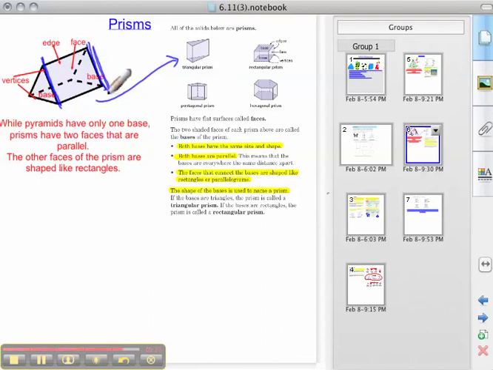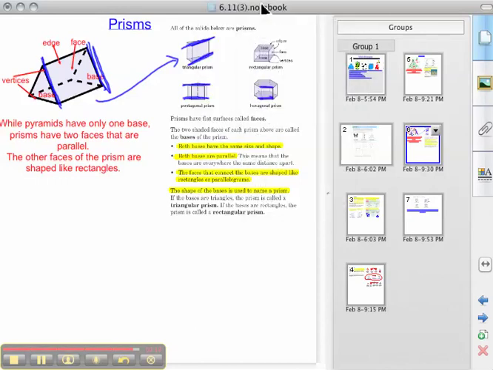Do you see that? And look over here. This and this are parallel, just like this and this. And this shape and this are parallel. So the prisms are, both bases are parallel. The faces that connect the bases are shaped like rectangles or parallelograms.